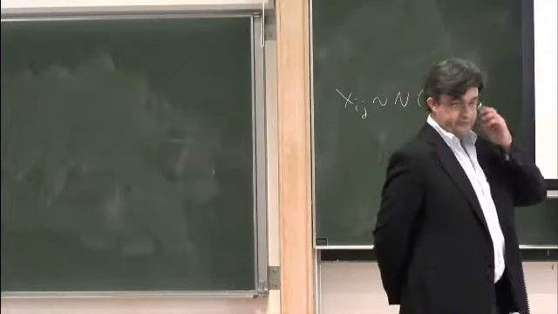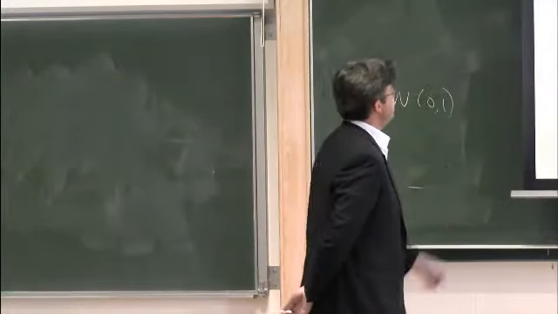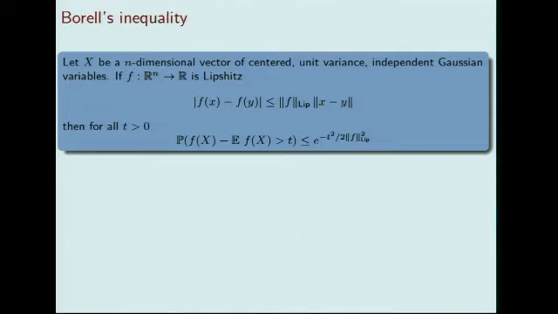And if I have a function which is Lipschitz, and Lipschitz means that the distance between f of x and f of y is less than the Lipschitz constant of f times the distance between x and y, then we know that for all t, the probability that this function applied to my array of Gaussian random variables x, minus its expectation, is greater than t is going to be less than exponential of minus t squared divided by 2 times the Lipschitz constant.